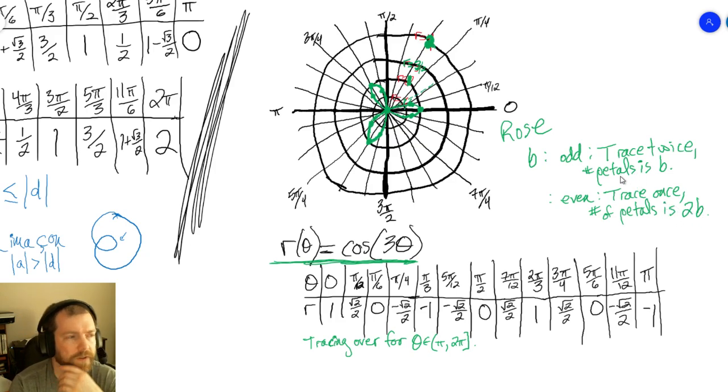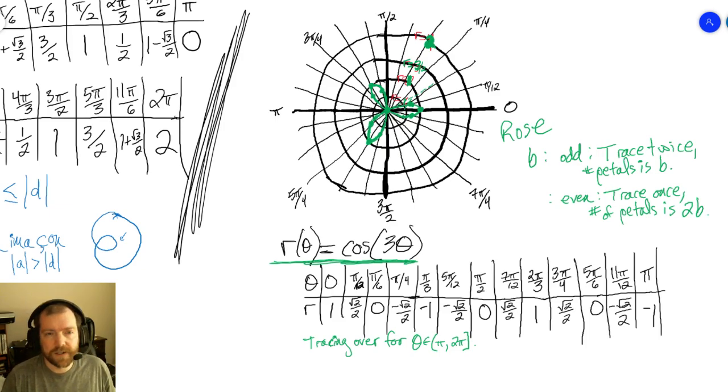Now I should say that these are the number of distinct petals. It's really the same number of petals; in the case where b is odd, they overlap each other, so you can't actually tell that there are twice as many, unless you shift them a little bit. And this is precisely what happens for all values between the even and odd numbers.